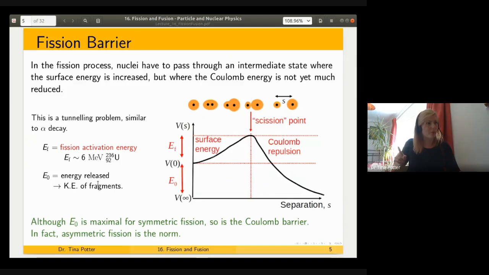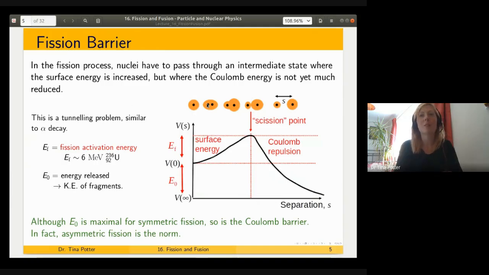Now, there's a problem with symmetric fission, and I'll try and show you this. It's to do with this fission barrier here. So I've got this little cartoon of our initial state nucleus, and let's say that the two daughter nuclei form and then they start to separate.